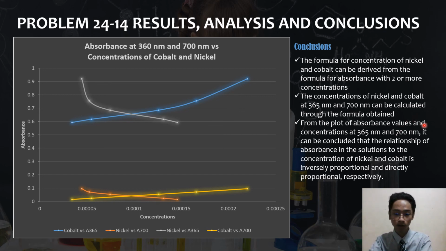So from the plot of the absorbance values and concentrations at 365 nanometer and 700 nanometer, it can be concluded that the relationship of the absorbance in the solutions to the concentration of nickel and cobalt is inversely proportional and directly proportional respectively.